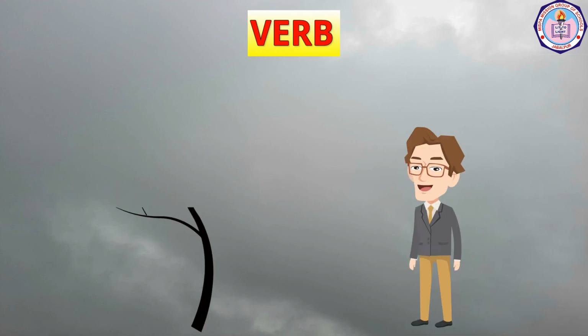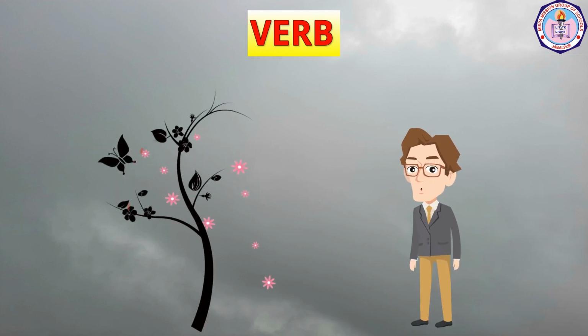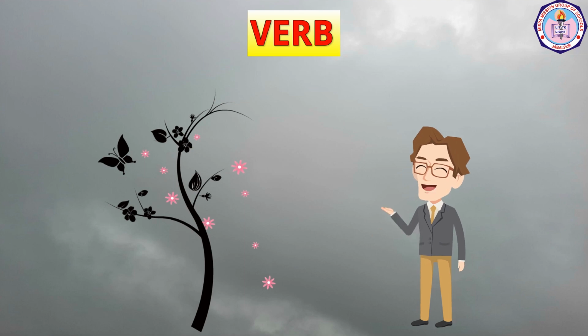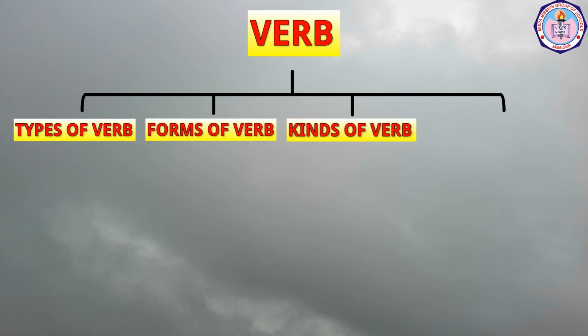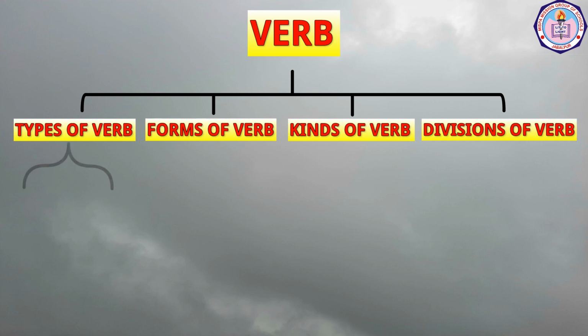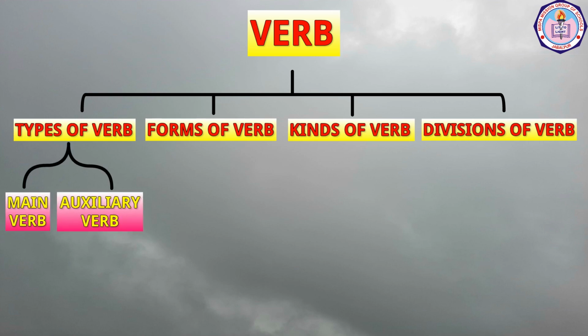Different scholars divide the verb in different manners. After a long research and studies, I am taking my learners to the following categories of verb. The verb can be categorized as types of verb, forms of verb, kinds of verb, divisions of verb. Types of verb are again divided into two: main verb and auxiliary verb.